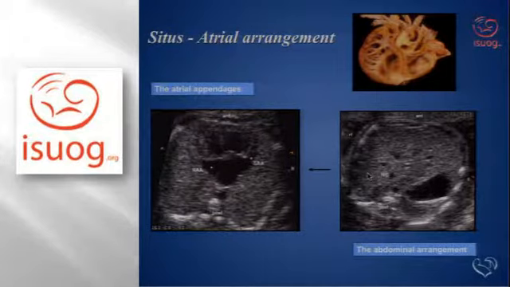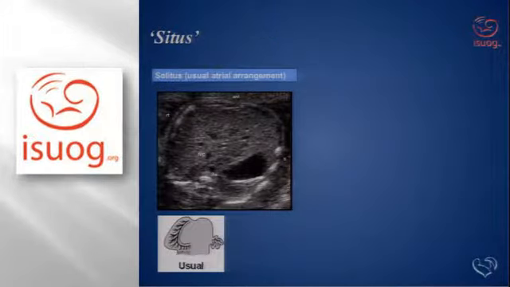And usually, not always, but pretty much 100%, the arrangement in the abdomen will reflect the arrangement of the atrial chambers, so you don't have to spend a lot of time trying to define which atrium is which. So that's why we start looking at the heart from the abdomen, and that's why that's incorporated into the normal scanning.